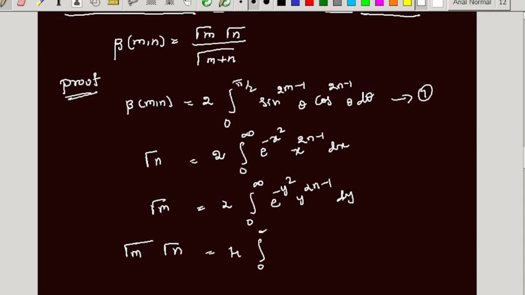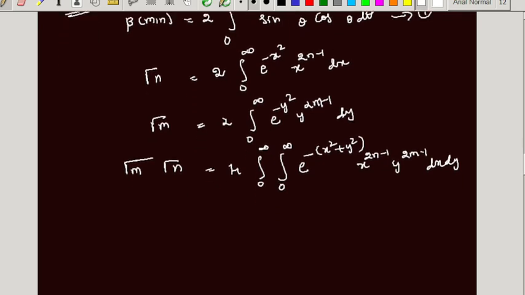We have the limit 0 to infinity, integration 0 to infinity e power minus x square plus y square, and here x power 2n minus 1 into y power 2m minus 1 into dx into dy.